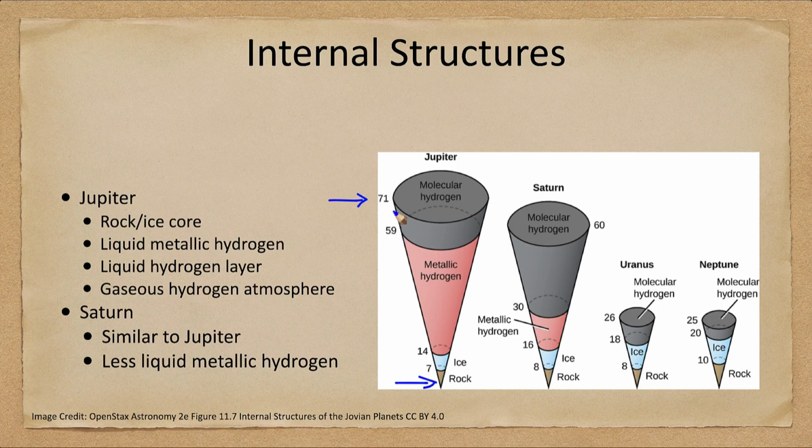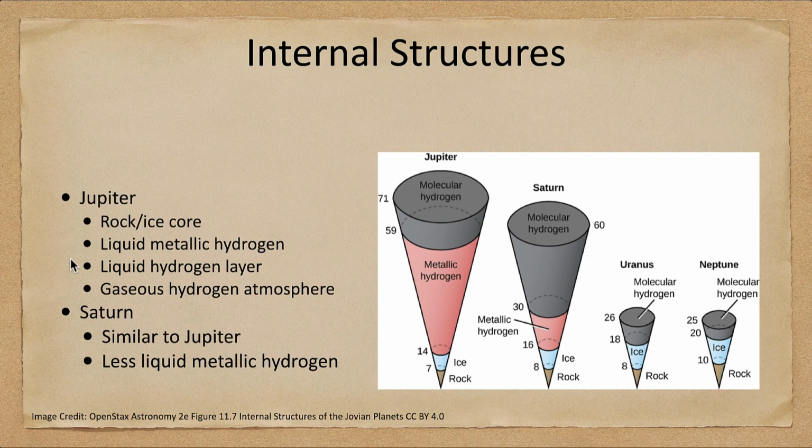The densities get so dense even within the molecular hydrogen layer that nothing can make it down to the rocky and icy materials at the core. However, we do see that they have differentiated much like the inner planets, the denser materials at the core, the less dense materials outward. Saturn again is very similar, except that it has less metallic hydrogen.